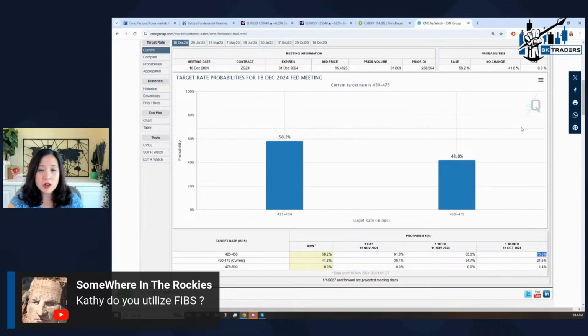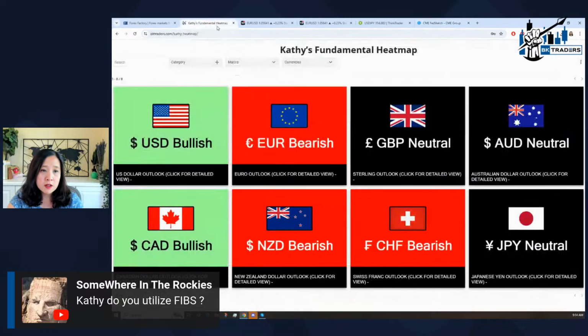And that is one of the main reasons why the dollar is so strong. The market is now starting to believe that the Fed may not cut interest rates in December, which would be very positive for the dollar and negative for stocks, because we want that Santa Claus rally, right? We're definitely not going to get a Santa Claus rally if the Federal Reserve pauses.